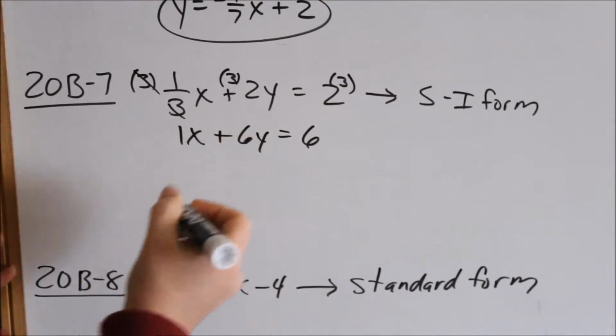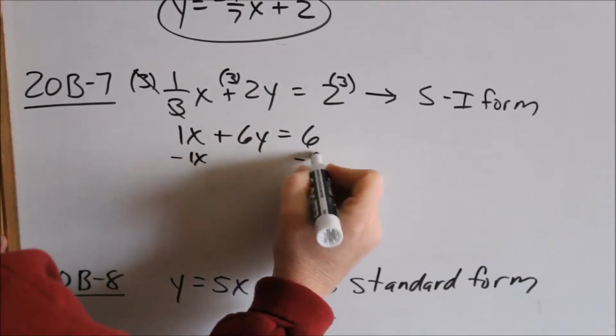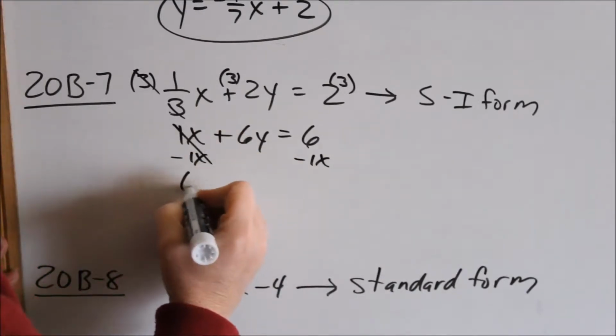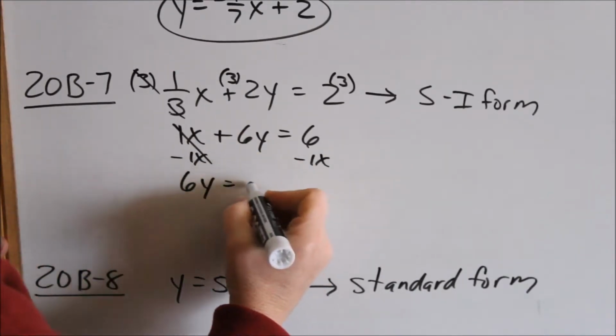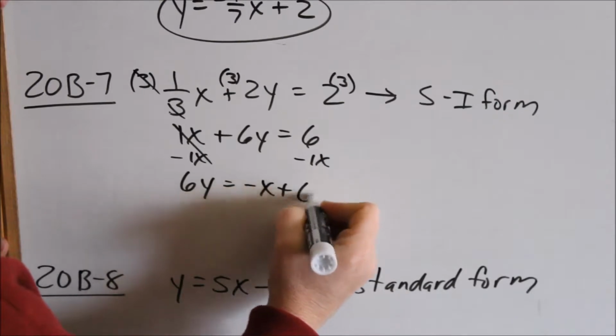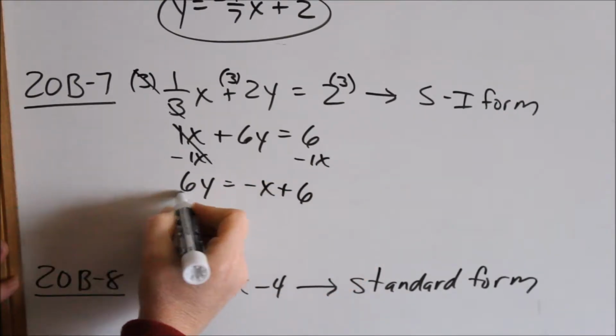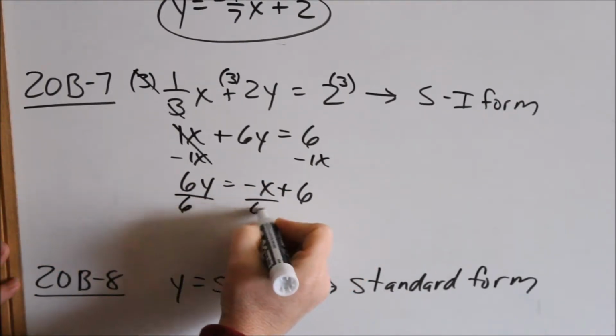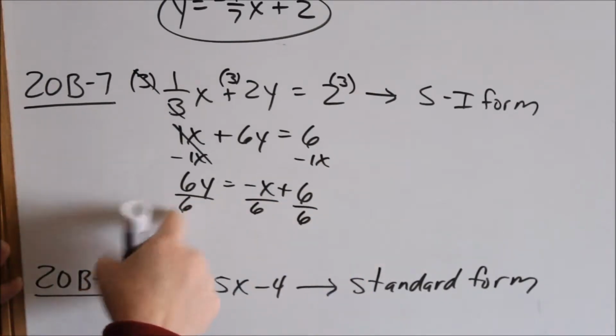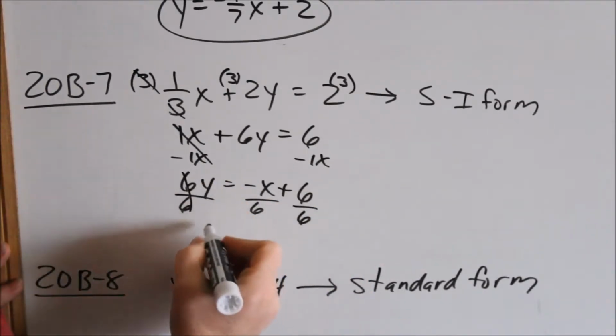Now, I'm trying to get y on one side and everything else on the other side, so I need to get rid of my x. I cannot combine x's and whole numbers, so I can just write it like this. Now I need to get rid of my 6 because I only want y on that side. So if I divide this by 6, I have to divide everything by 6.